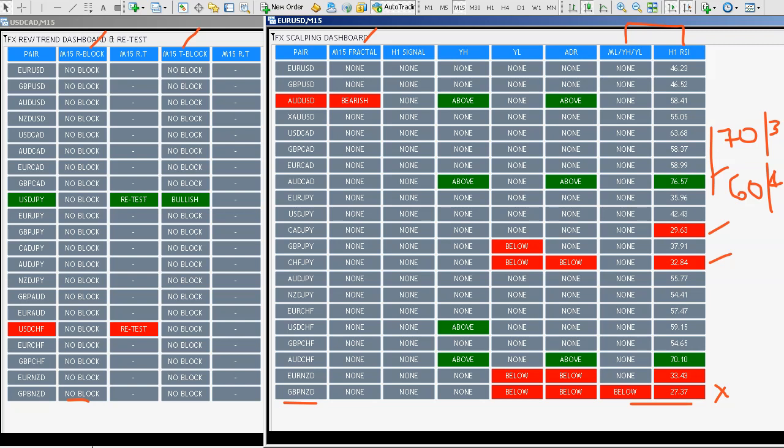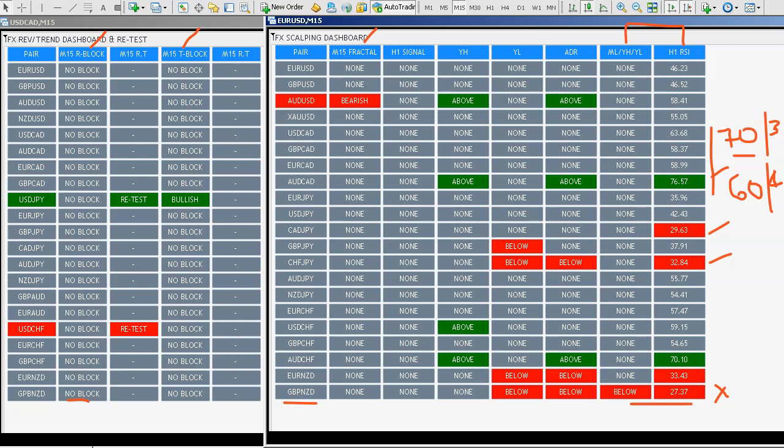But if it's overextended above 70, like here it is 76, or below 30, 29, then you must avoid an entry and wait until it comes back into the gray area right over here. So if I get an alert in any other pair that is not lit up, then I'm going to look at it and see what's up.